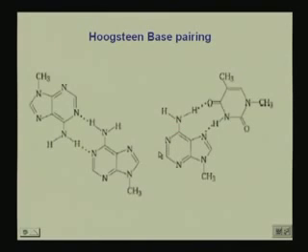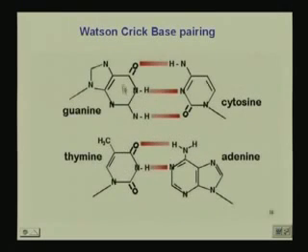We also looked at the Hoogsteen base pairing, where we have a different face for the base pairing, and we also have in this case, what is this? We have 2 purines linked together, where in the normal case, in a Watson-Crick case, you would always have a purine linked with a pyrimidine.